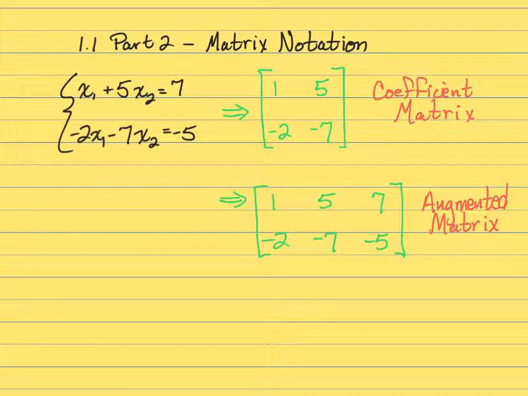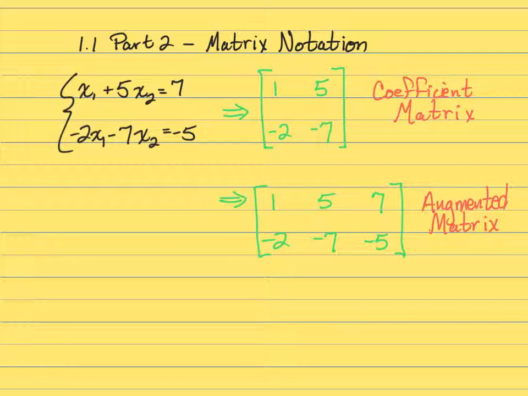And in some books, the augmented matrix is written with a dotted line right there to indicate where the equal signs go in the system. But in this book, in general, you're not going to see those dotted lines. All right?